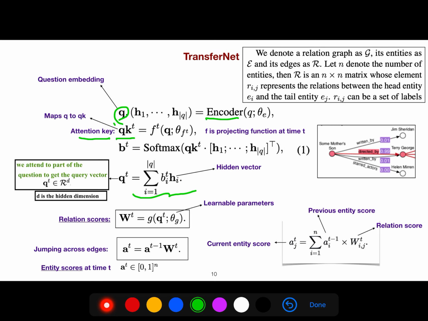And as I said, the relation score is this, but here A_t is the entity score, because at each step that you hop, you go to another entity, you have a score. So the current entity score is the relation score times the previous entity score.